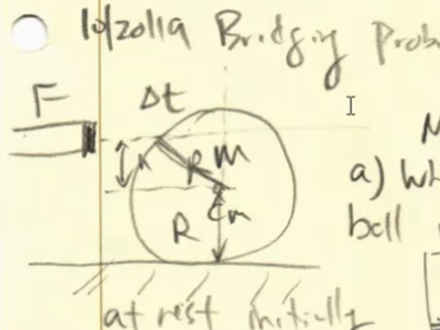Okay, so now we continue with the bridging problem, chapter 10, University Physics. We have redrawn the diagram in this bridging problem.